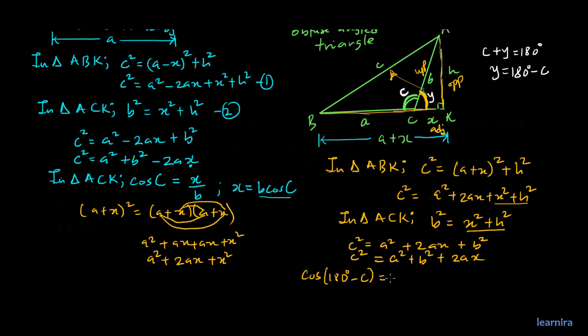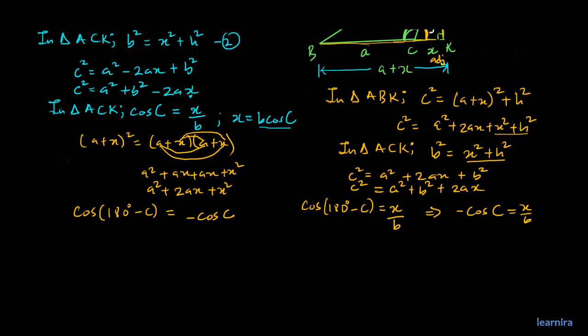So cosine is adjacent, which is x, all over the hypotenuse, which is b here. Now for trigonometric ratios in the second quadrant, the cosine of 180 degrees minus C is equal to minus cos C. So we can replace cos of 180 degrees minus C with minus cos C, so minus cos C is equal to x all over b.